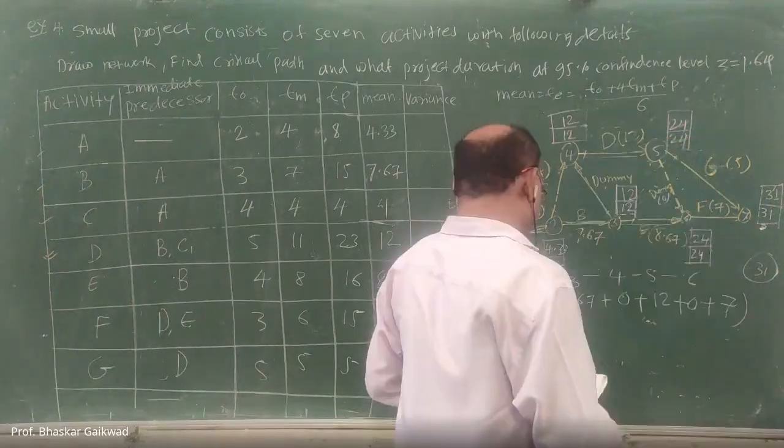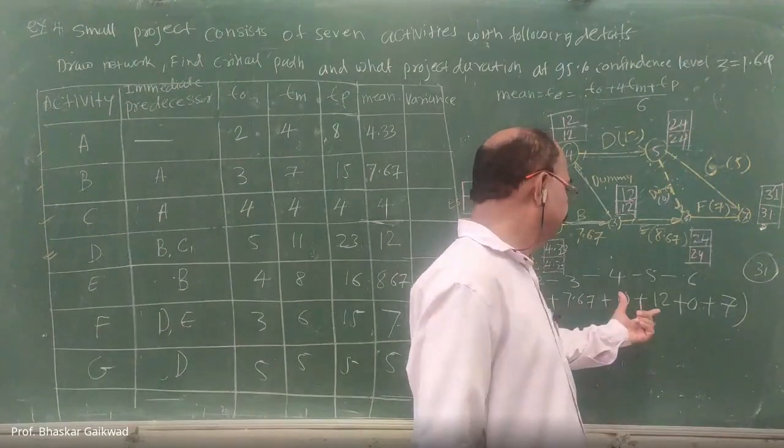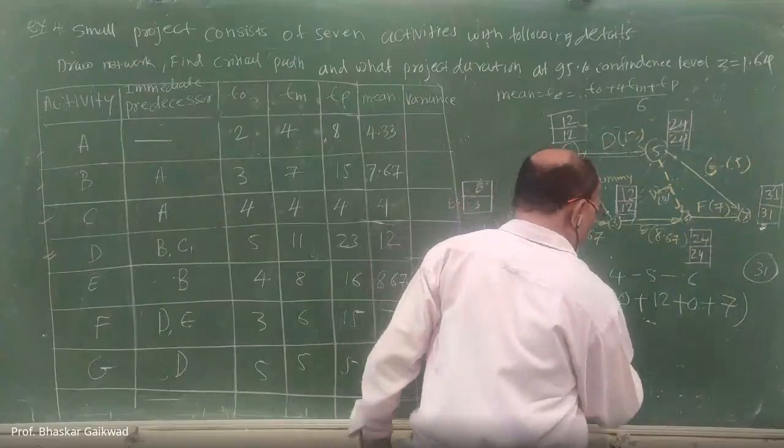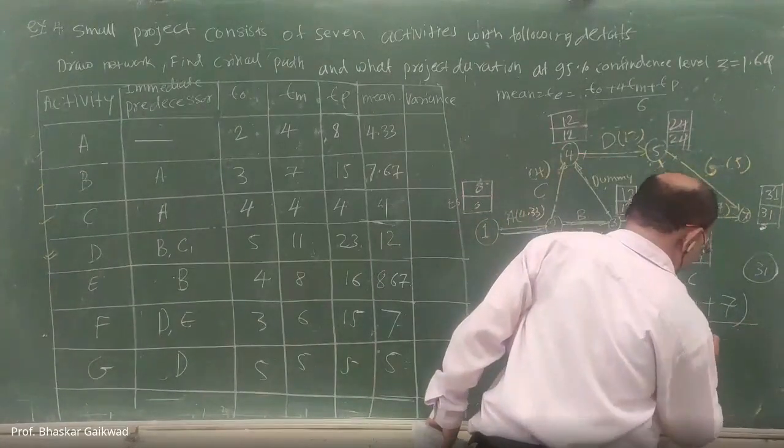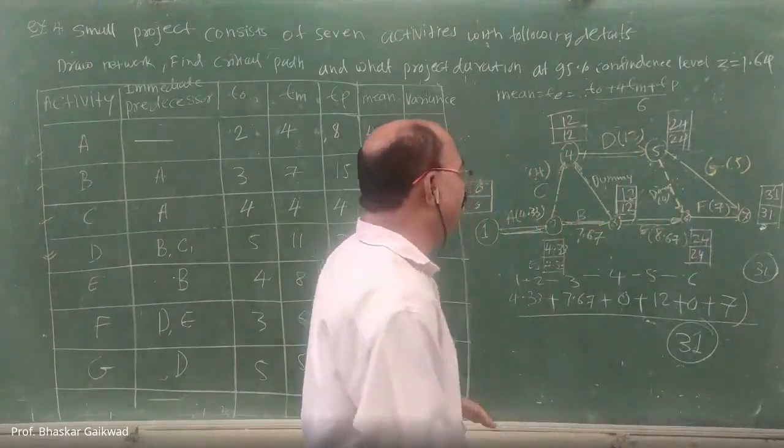So you can add this. The total duration is 31. So this is your longest path.